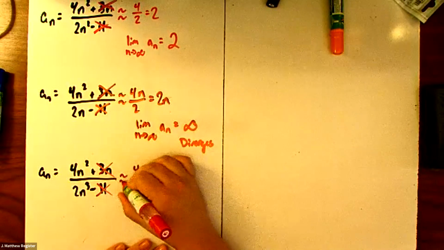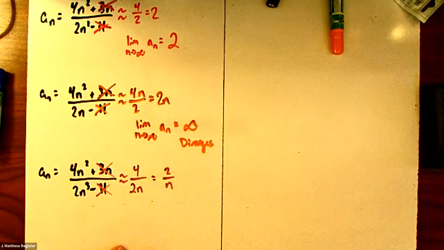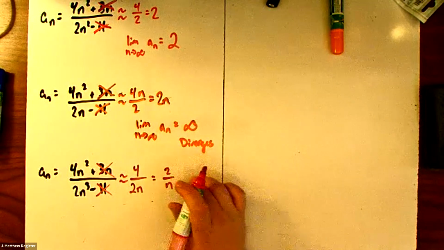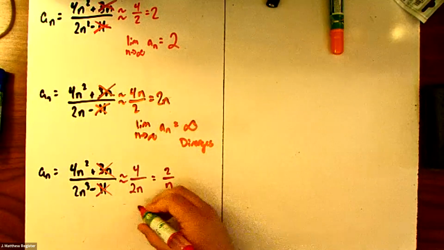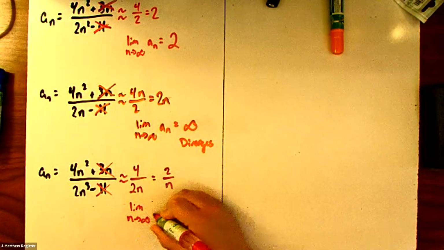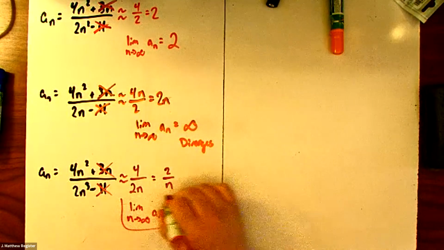This was approximate. 2 over n, as n gets super large, is going to give us 2 over a very large number. And 2 divided by a very large number is very close to 0. And so in this case, the limit as n goes to infinity of a sub n is equal to 0.